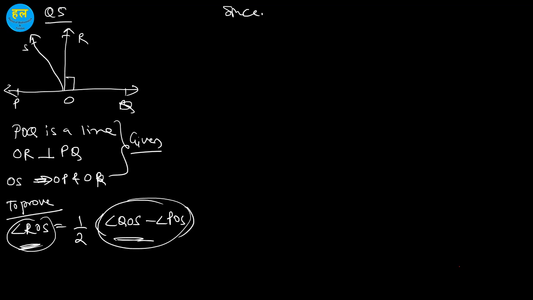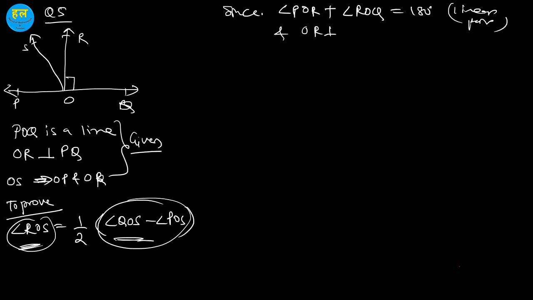Since angle POR plus angle ROQ is equal to 180 degree because of linear pair, and OR is perpendicular to OQ, that means they are making a 90 degree angle. Therefore angle POR plus 90 degree is equal to 180 degree.